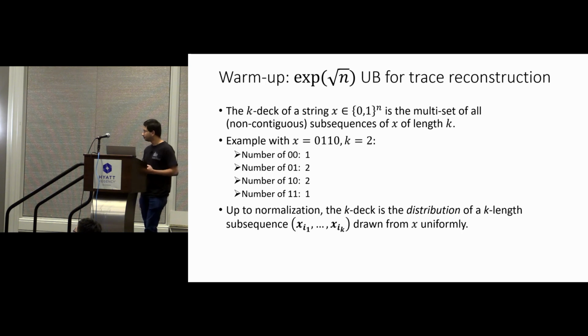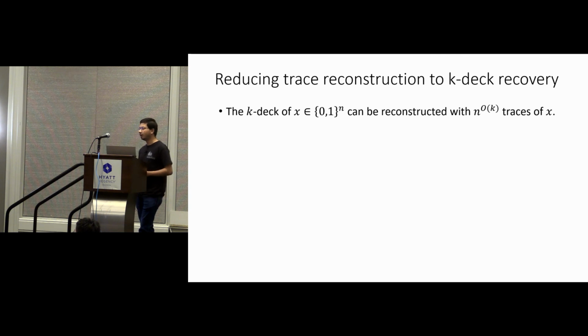There's an equivalent way to view this k-deck: if I sample a random k-length subsequence from the string, so basically a random subset of 1 through n of size k, and look at the x values on that set, the k-deck is basically that distribution up to normalization by n choose k. So why do we care about the k-deck?